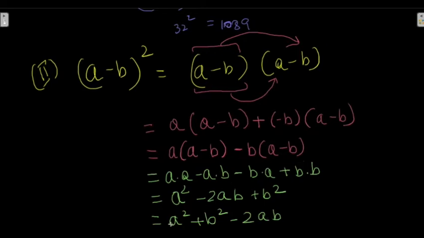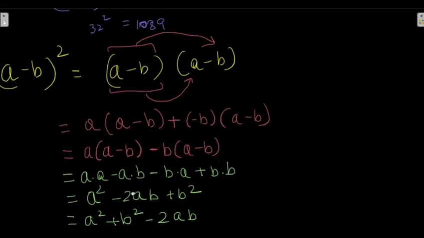So in the earlier equation, when we wrote a plus b whole square, it was a square plus b square plus 2ab, and when we change the sign, only the sign here is changed. So in words, how can we write?